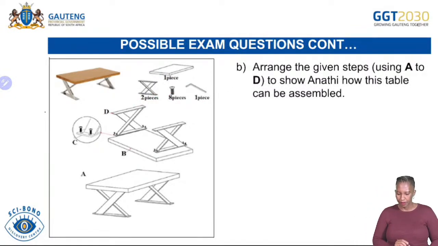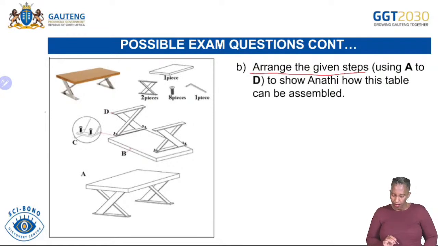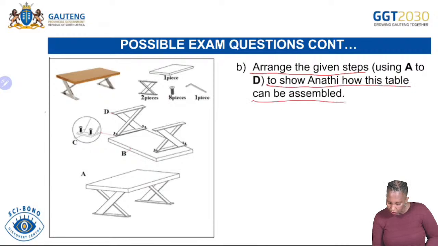Now, number B, it says arrange the given steps. Now you need to arrange it. Now you are the one who is giving the instructions. Arrange the given steps using A to D to show Anati how this table can be assembled. You need to show Anati how this table can be assembled.